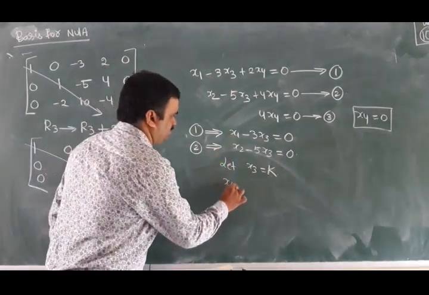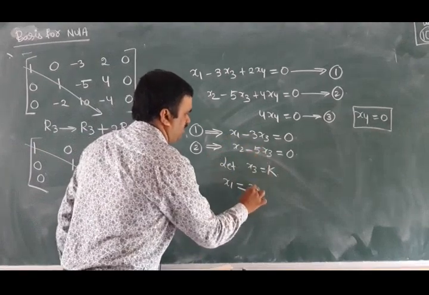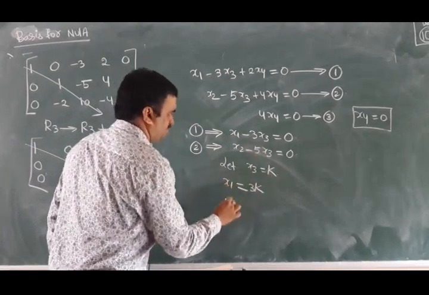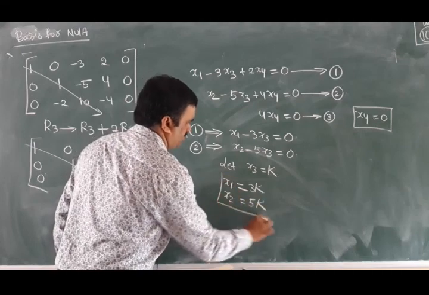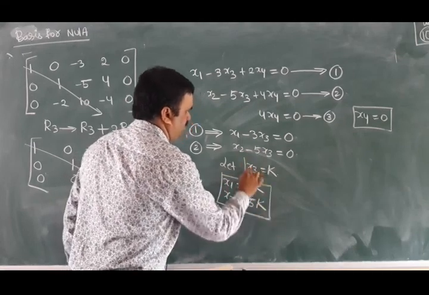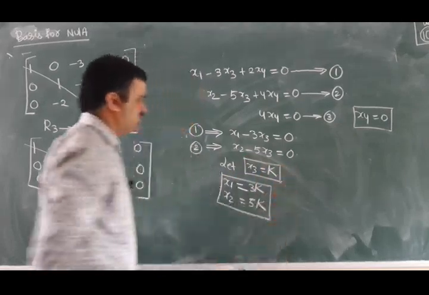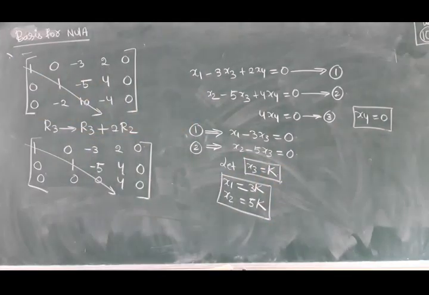So that I can give the value of x1 and x2: x1 is equal to 3k, x2 is equal to 5k. So we got all the values, x1, x2, x3, x4.